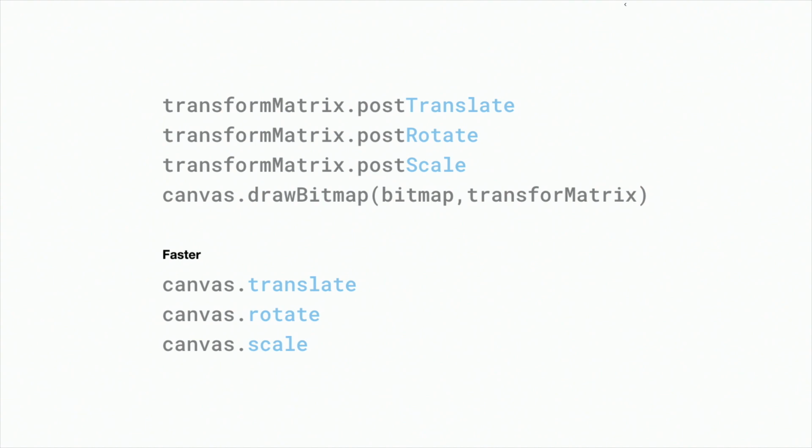One thing which I've found, just from simple testing, there's no stress testing that I've done for this, is that if you have a transformation matrix and you apply operations on it like translate, rotate, and scale, and then you draw on the canvas bitmap using that matrix, it's a little slower compared to directly doing canvas.translate, canvas.scale.